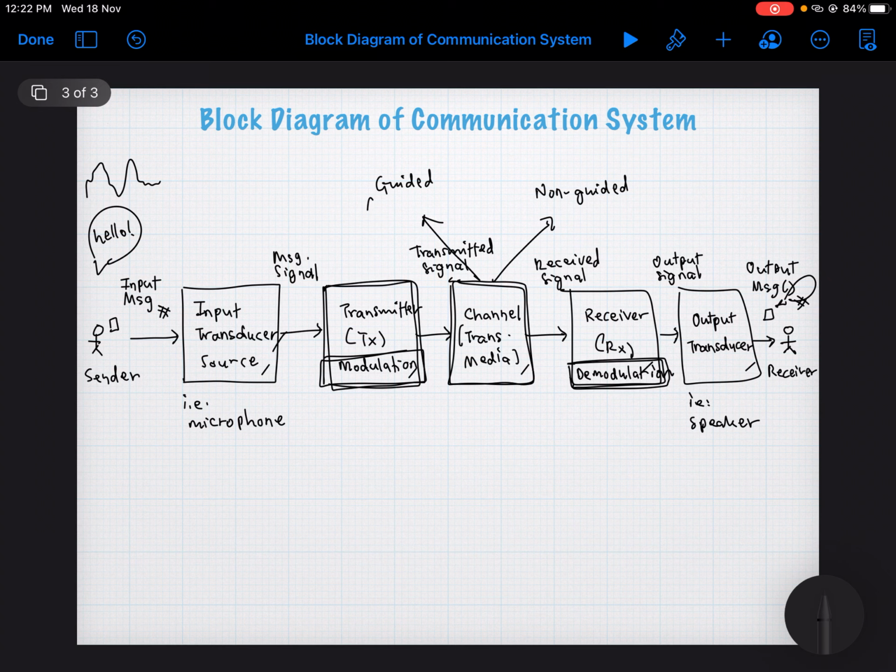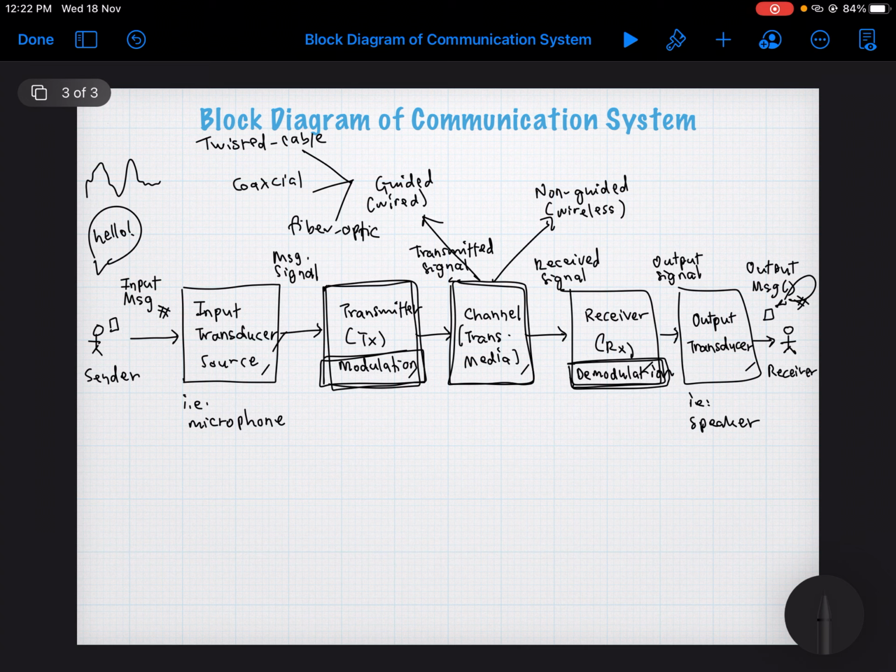Guided is also known as wired, and non-guided is the wireless channels, which is over the space by using the air as well as the electromagnetic spectrum or wave. For guided, we have gone through several examples, such as the twisted cable, coaxial cable, and fiber optic.